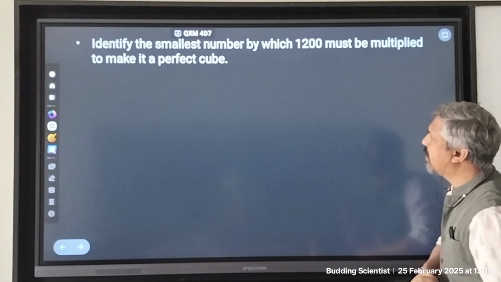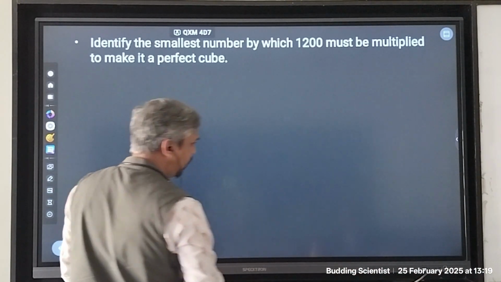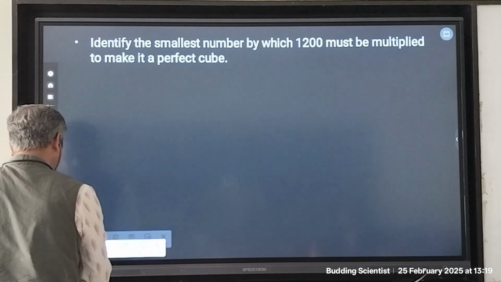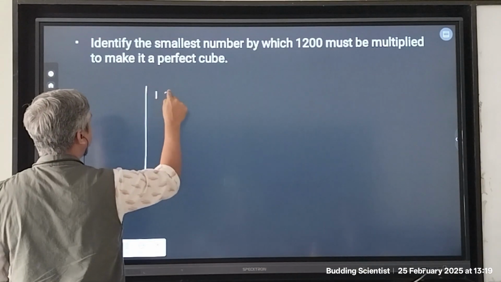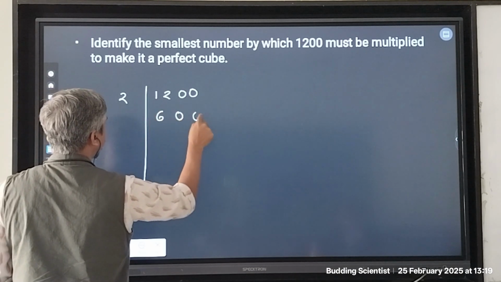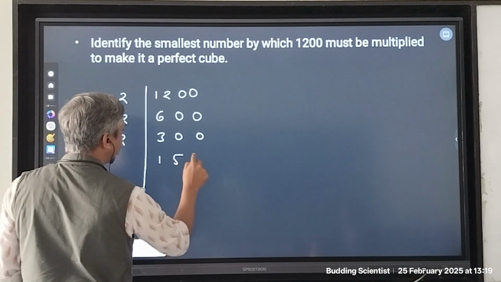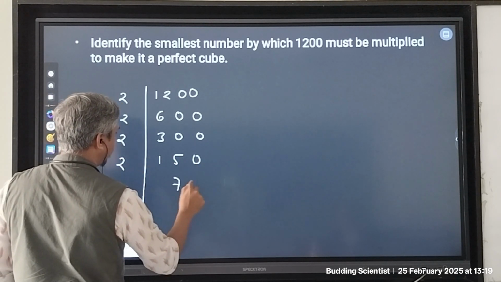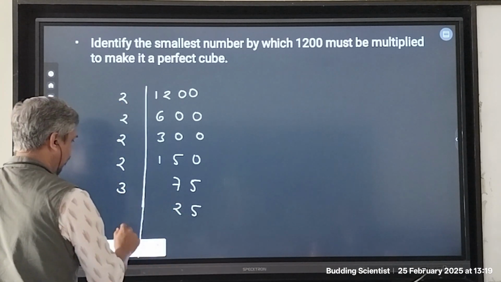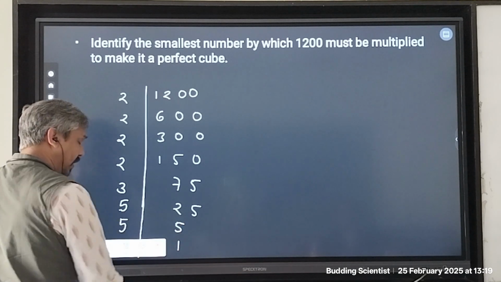Identify the smallest number by which 1200 must be multiplied to make it a perfect cube. Such questions are to be done by the prime factorization method. Let's do it very quickly. 1200: 2 into 600, 2 into 300, 2 into 150, 2 into 75, 3 into 25, 5 into 5, 5 into 1.